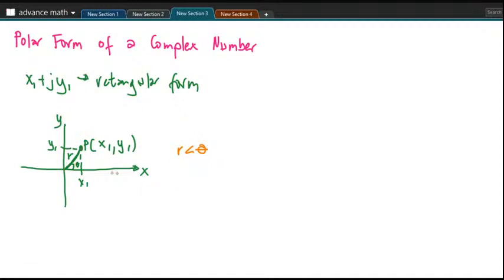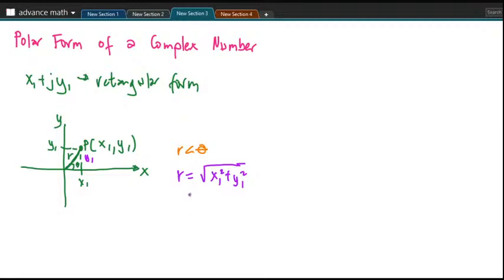How do we solve for r? This is just a very basic Pythagorean theorem. So r is equal to the square root of x sub 1 squared plus y sub 1 squared.